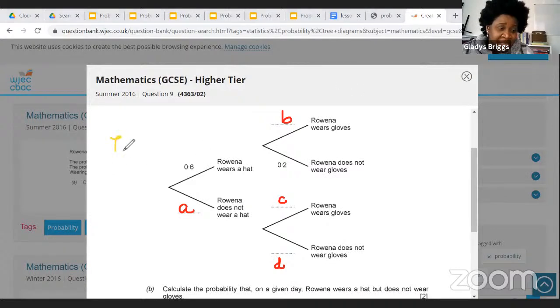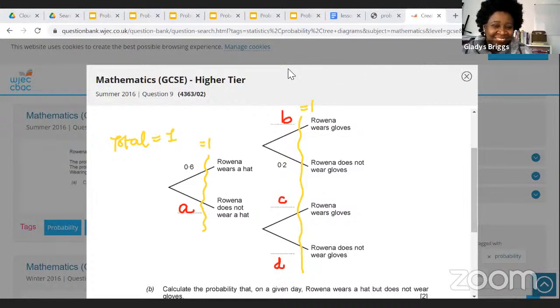So if this is 0.6, the total of each branch is equal to 1, yeah? So this branch must be equal to 1, and this must be equal to 1. What's going to be on A? 0.4. Well done, now you got it. So A is 0.4, and what is going to be on B then?